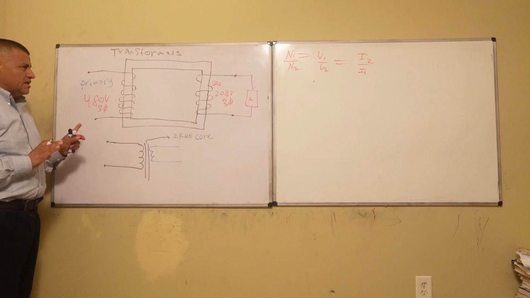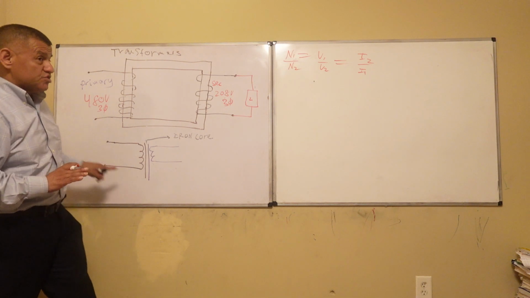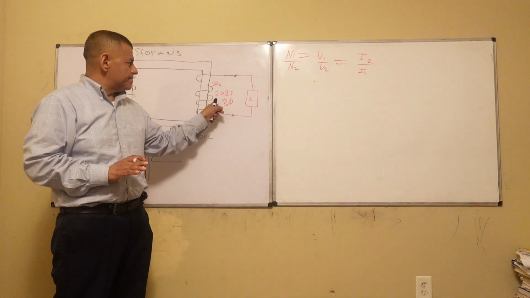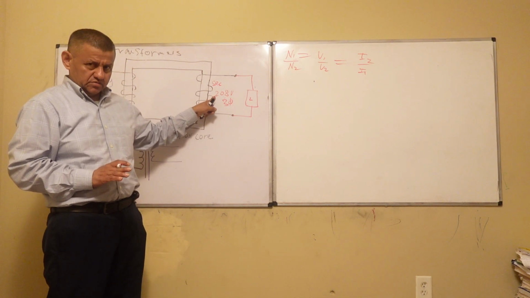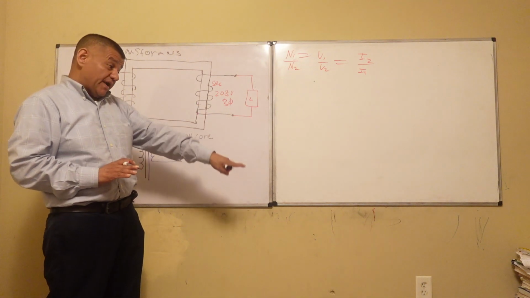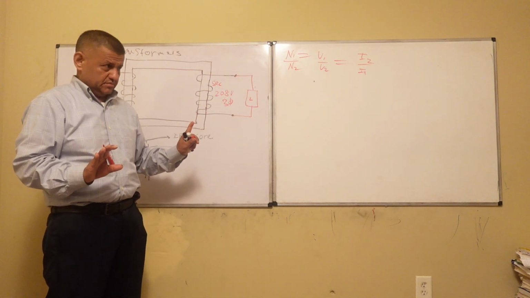Now you have a primary voltage and a secondary voltage, because out of this you can get 120 with the neutral, and then you can plug in your phone safely.